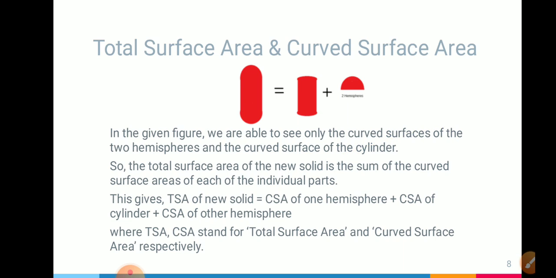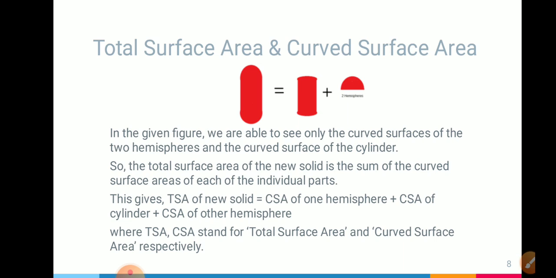So what is the total surface area in relation to curved surface area? Please understand that a curved surface area is the surface area which is lateral. For example, in the given figure, we are able to see only the curved surfaces of two hemispheres and the curved surface of the cylinder.